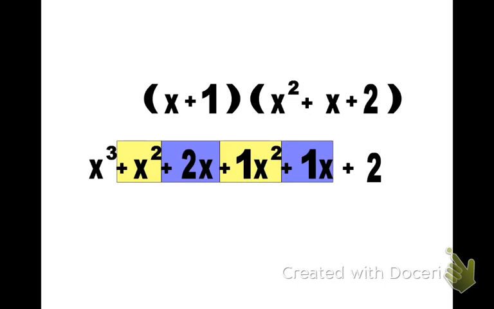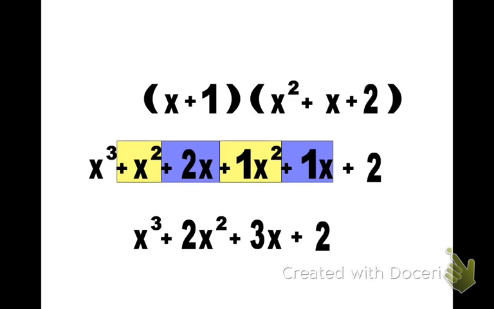These can be combined. So our x squared plus 1x squared gives us a 2x squared, and our 2x plus 1x gives us a 3x. The x cubed and the 2 remain the same, giving us a polynomial as our answer, x cubed plus 2x squared plus 3x plus 2.